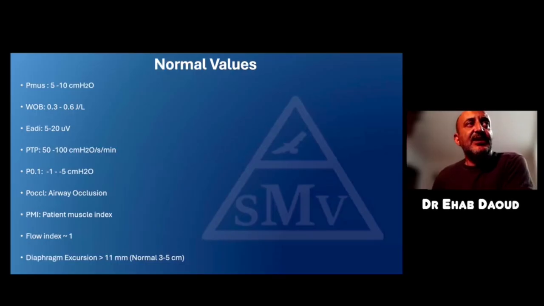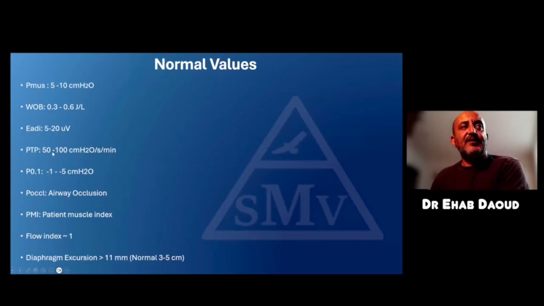Now, this slide has some normal values. Again, these are normal probably for patients not on mechanical ventilation. When we breathe normally, maybe our PMUS is 5 to 10. If you work harder, it's more. Work of breathing, 0.3 to 0.6 joules per liter. The EADI, 5 to 20 microvolt.